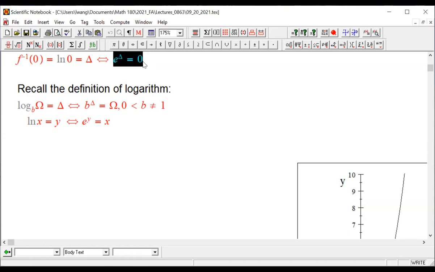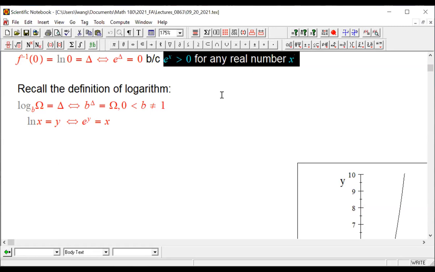And this is not possible. Why? We just spent so much time to review: e to the power x is always positive for any real number x. Therefore, there's no output. You guys follow me?